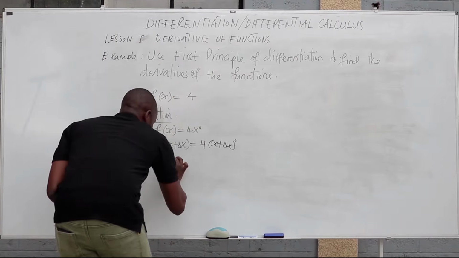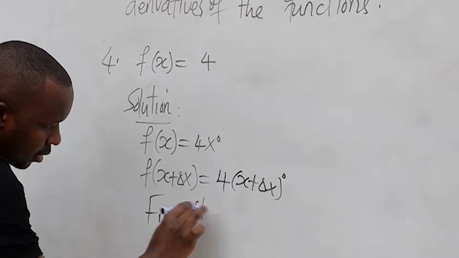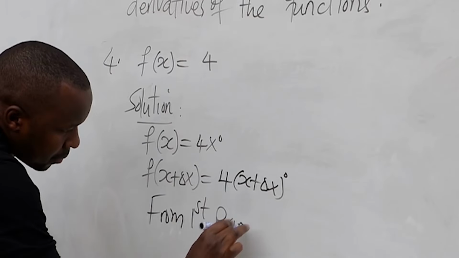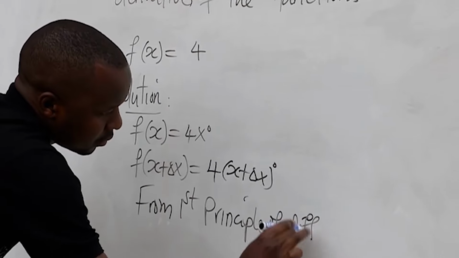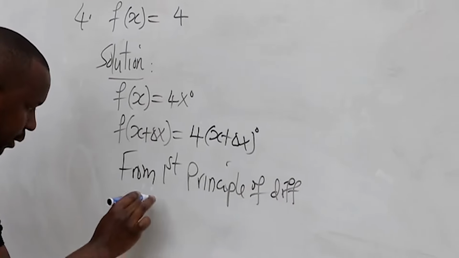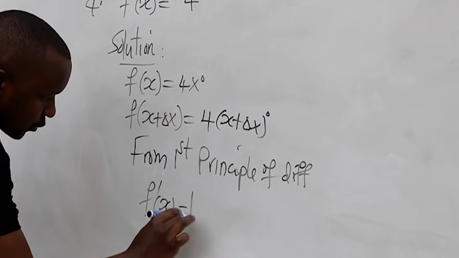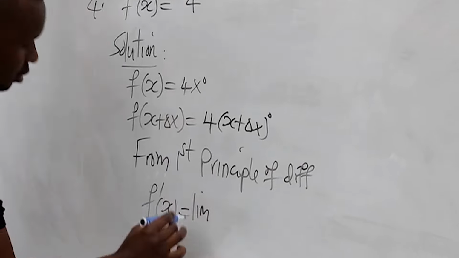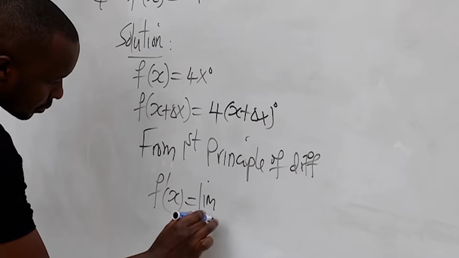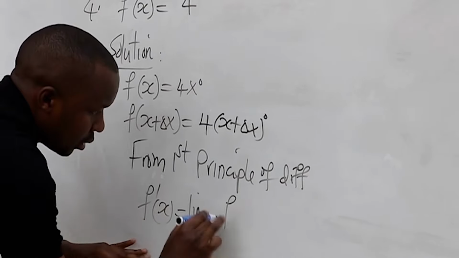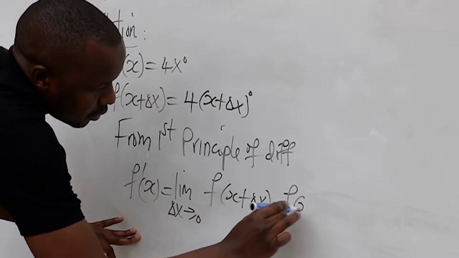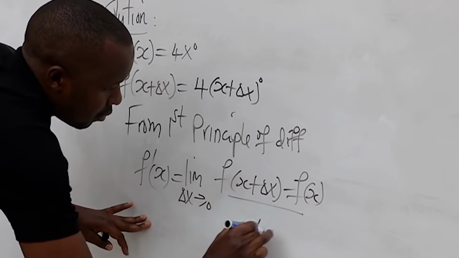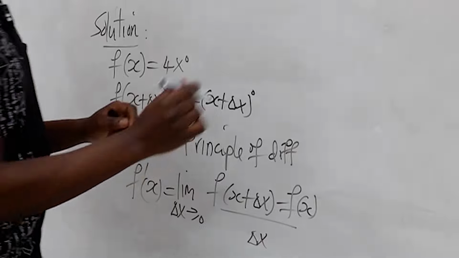From the first principle of differentiation, f prime of x is equal to the limiting value, where change in x approaches 0, of f of x plus change in x minus f of x over the change in x.